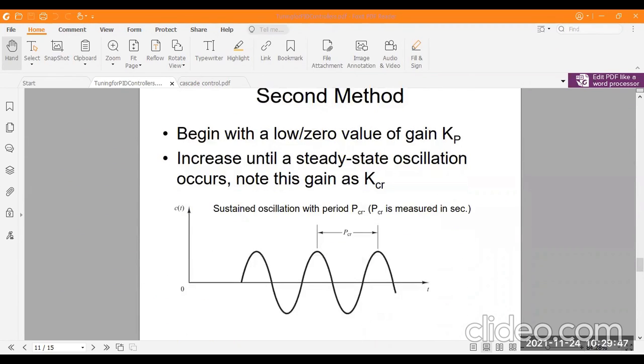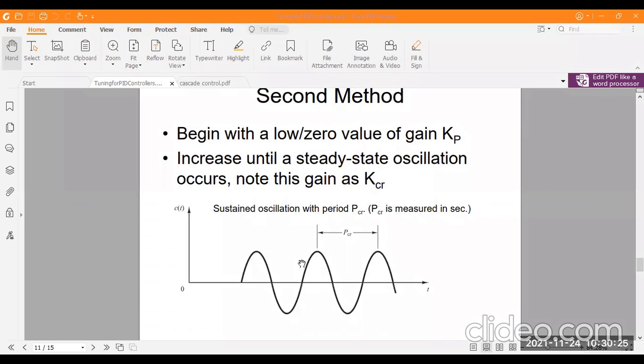Next, this is the graphical response. It begins with a low or zero value of the gain Kp. Here you can see the delay time operation, so no value is calculated from zero up to this position. This position is called the delay time, L. Then in steady state we get a sinusoidal curve with sustained oscillations over a particular period.